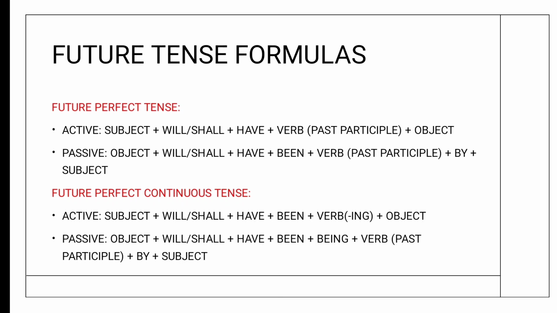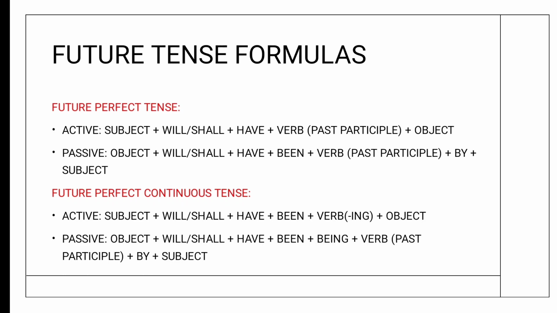So to convert into the passive voice, the object will come into the subject place plus will have been or shall have been plus being. Why being? Because it is continuous tense. So we have to add being plus V1 form of the verb. V1 plus ing form converts into the V3 form of the verb plus by plus subject will come into the object place. I hope it is clear.